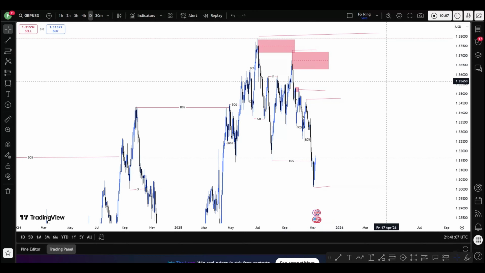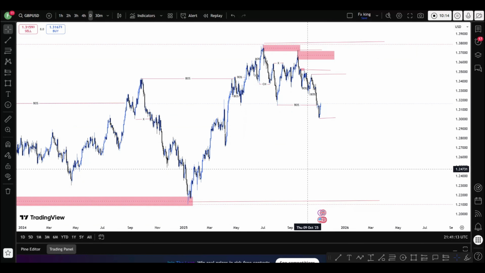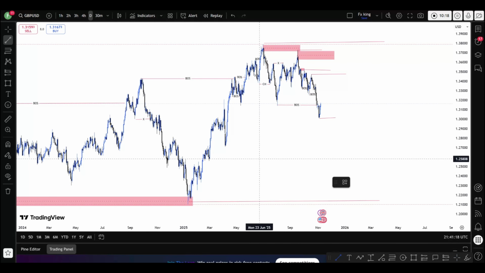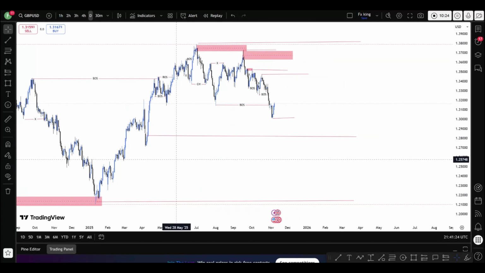This is how it looks on the daily time frame. I'm expecting price to come back, maybe mitigate something in this zone, and then we can sell. So the first target after I look to sell there will be this area here. The reason I'm targeting this area is because this is where our significant buy pressure came from.